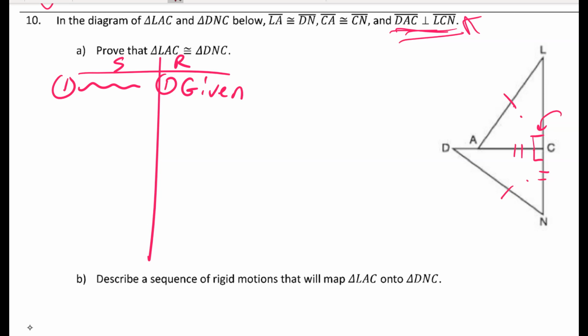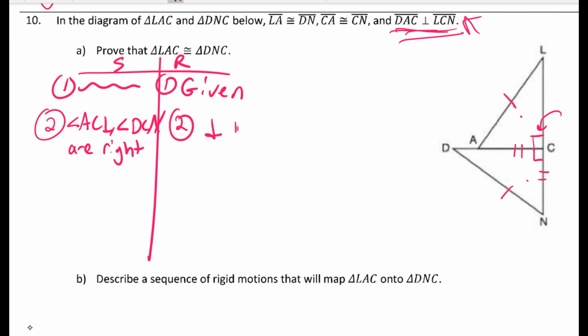So what I'm going to say is that for my second choice, angle ACL and angle DCN are right. Now, why am I saying that they're right?